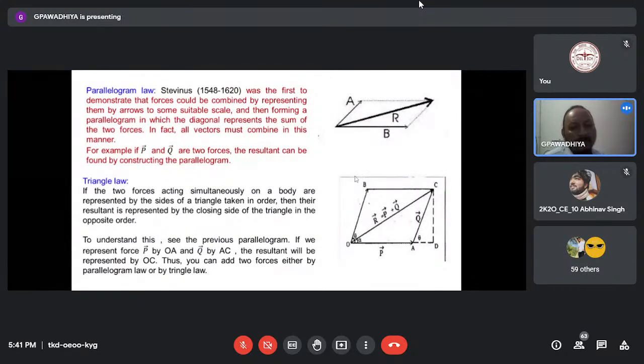And it demonstrated that if there are two vectors A and B, we can find the resultant of these two vectors using the law of parallelogram. And that I can explain here.